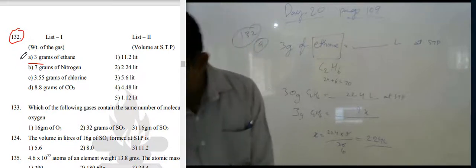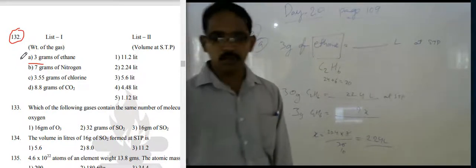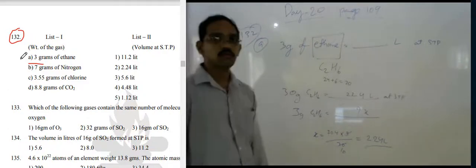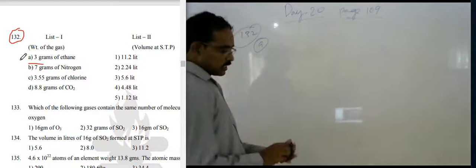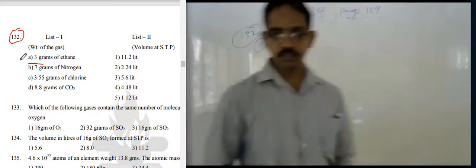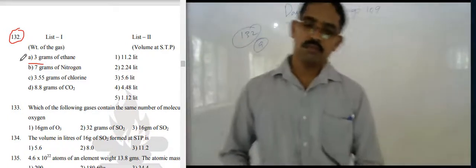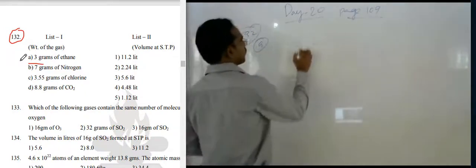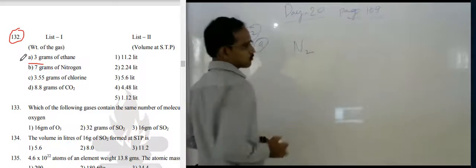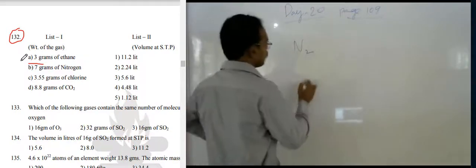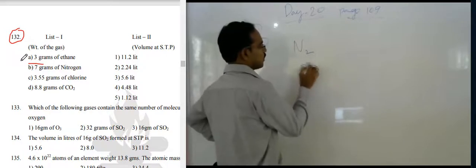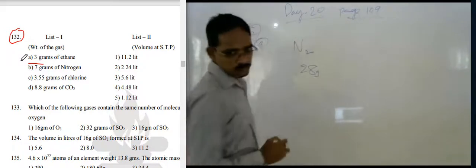Now you calculate 7 gram of nitrogen equal to how much? See, students generally will confuse whenever the molecule is diatomic and triatomic. Okay. So nitrogen is N2, what is the molecular mass? 28 grams. It is not 14 gram.